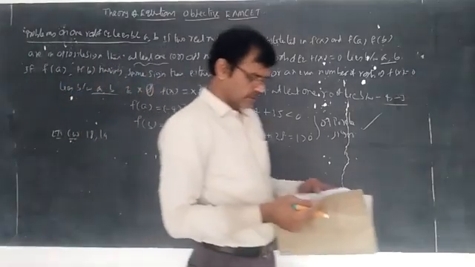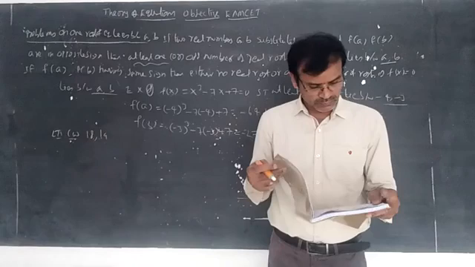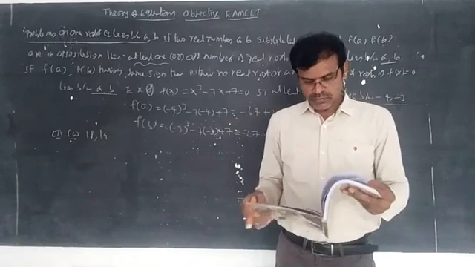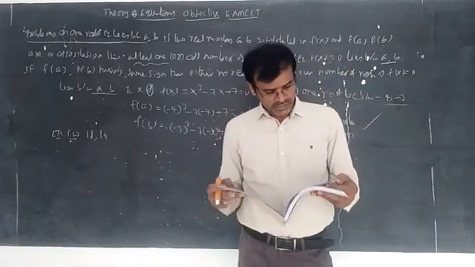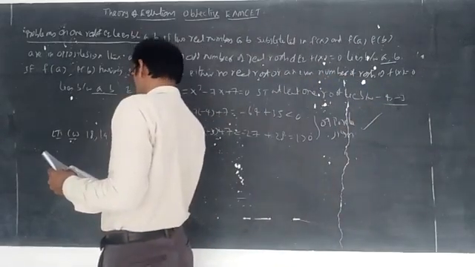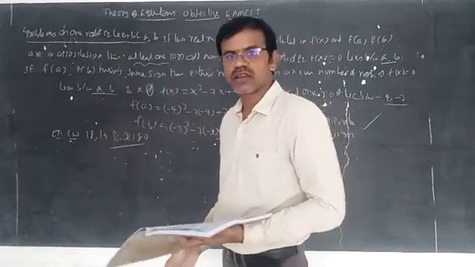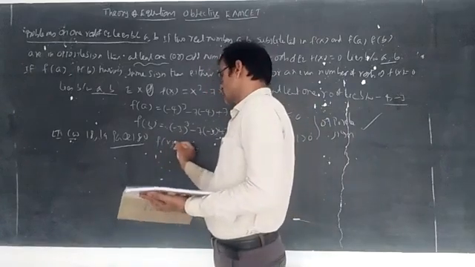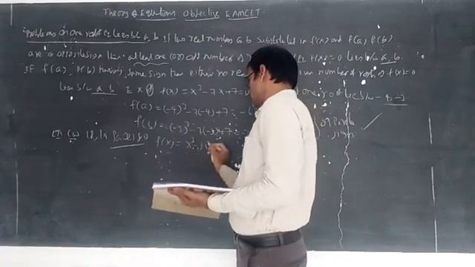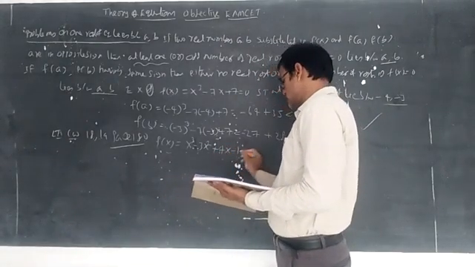Let us discuss level 2 classwork 18th question and 19th question. See the page number, level 2 classwork 18th question, page number 180. Let us consider f of x is equal to x cube minus 3x square plus 4x minus 1 equal to 0.